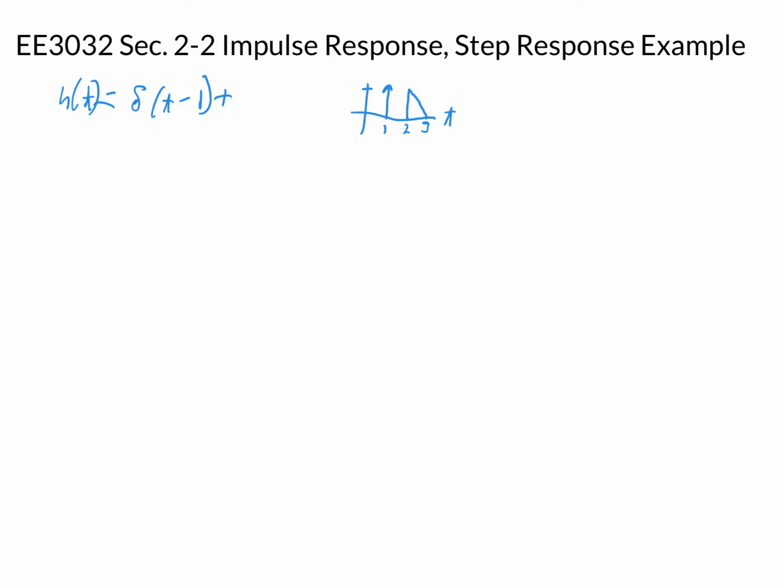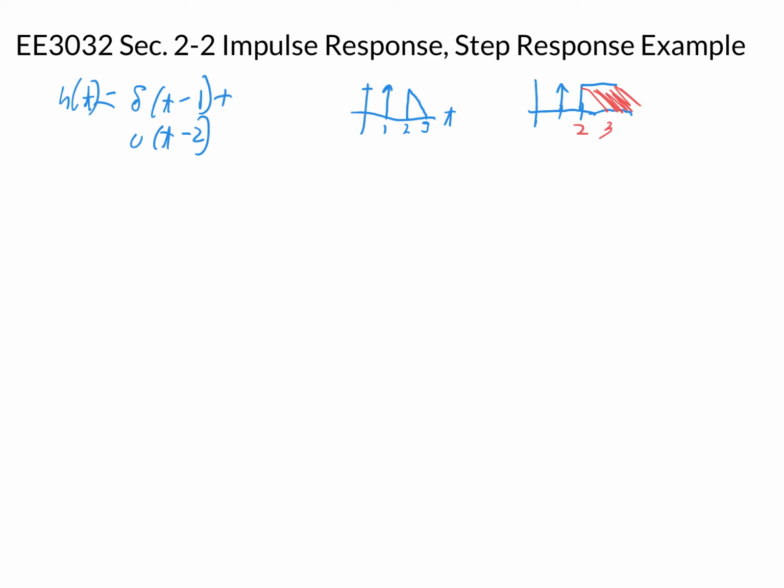We see at time equals 2 there is a sudden increase, a discontinuity in value, so we add a unit step that begins at 2. If I just had this part, that would give me our impulse plus that unit step. But now I need to get rid of this area here going up to time 3.